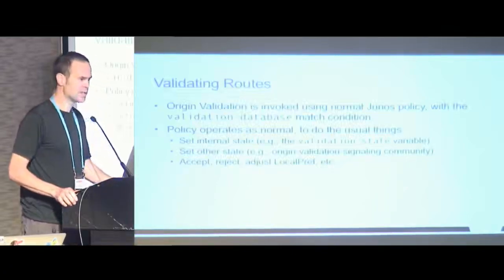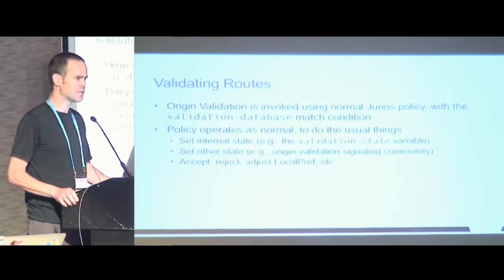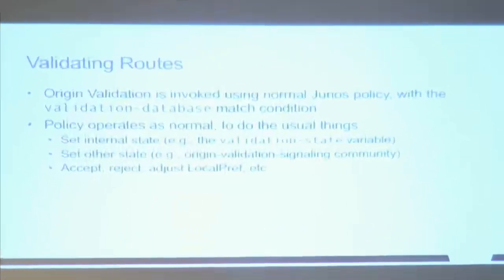How do you use it? If you know how to use a Juniper router, this should all look extremely straightforward. If you don't, then talk to somebody and learn. Basically, when you come right down to brass tacks, origin validation is just another way of doing policy on routes, right?